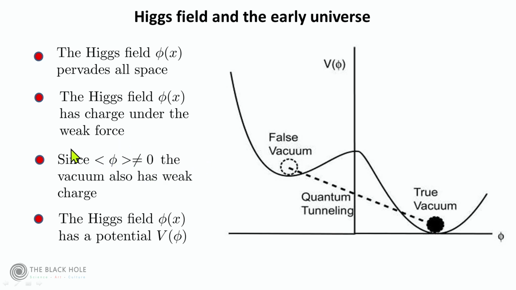Now, the greater the magnitude of the Higgs field, the greater will be the masses. And if, for some reason, we are stuck here in the false vacuum where the Higgs field is less and the true vacuum has more, then the masses of the particles will change when we go from the false vacuum to the true vacuum. That would happen through the process of quantum tunneling.